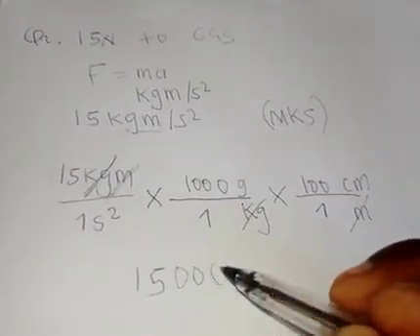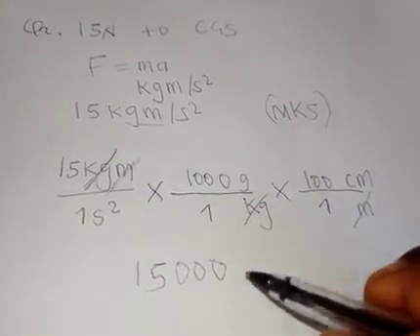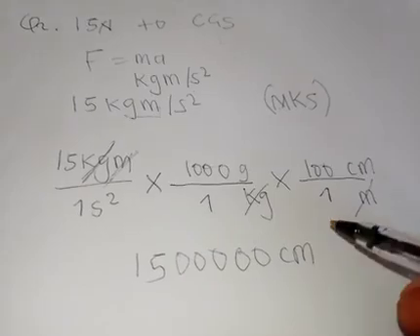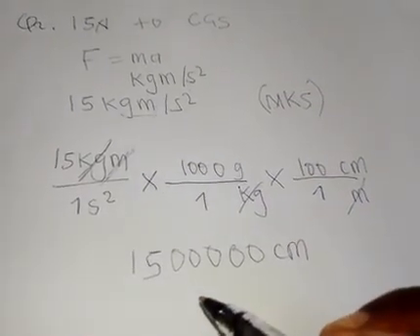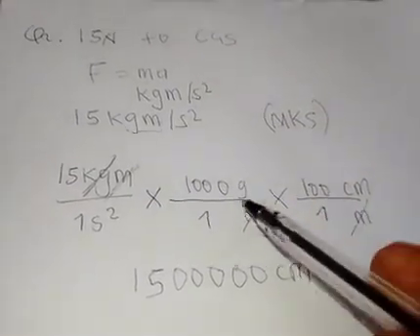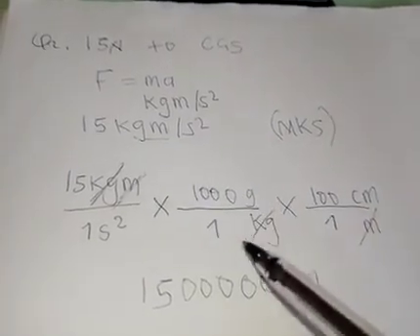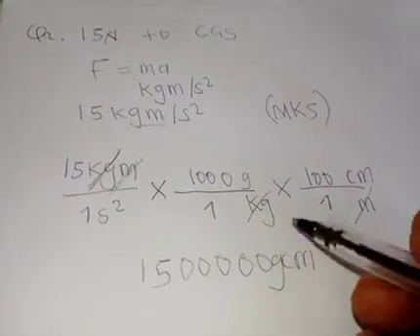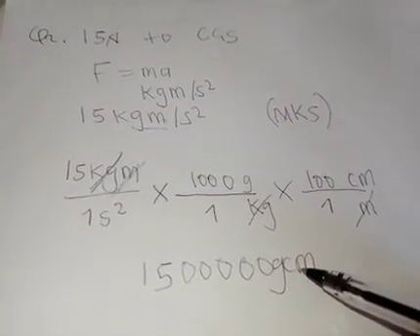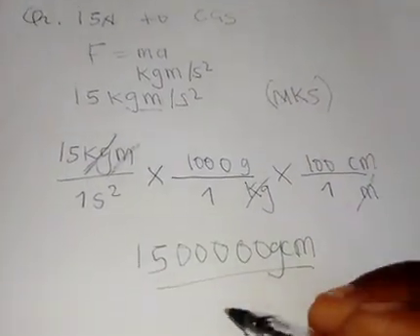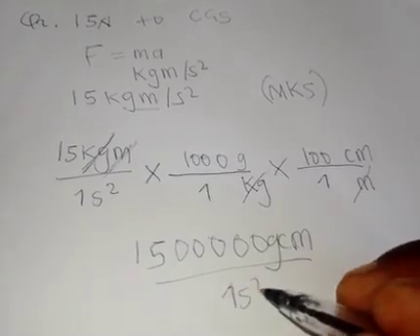That's 1, 2, 3, multiply by 100, so add 2 more zeros. So we have gram centimeter, then over 1 second squared.